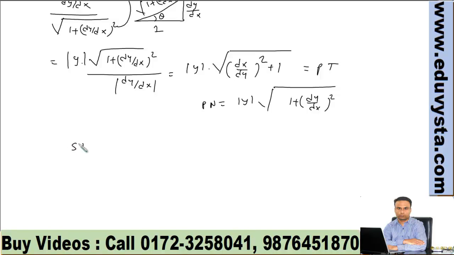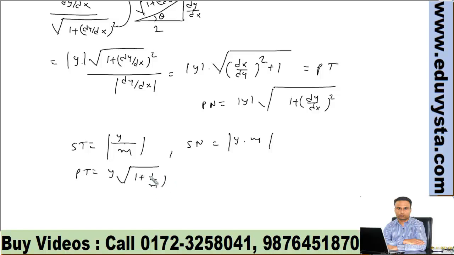For subtangent ST we have y by m, where m is dy by dx. For subnormal we have y multiplied by m. For tangent we have y multiplied by square root of 1 plus 1 by m squared, with a modulus sign to ensure that the length is positive.